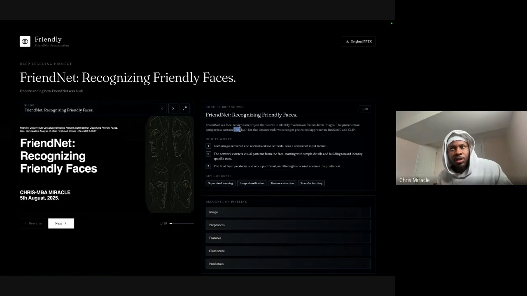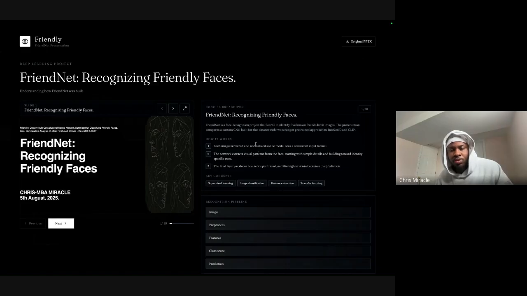There's the middle layer, where the extraction happens, and the output layer, where you can use ReLU or softmax, a binary classifier, or whatever classifier or concept you're trying to build with your architecture. For this project, I worked on supervised learning, image classification, feature extraction, like I spoke about, and transfer learning.